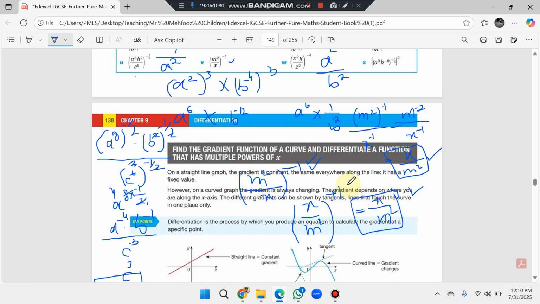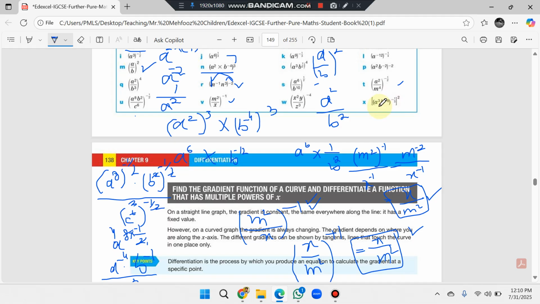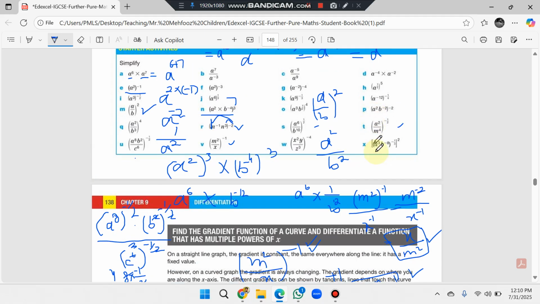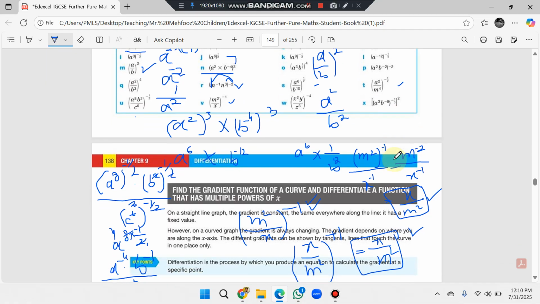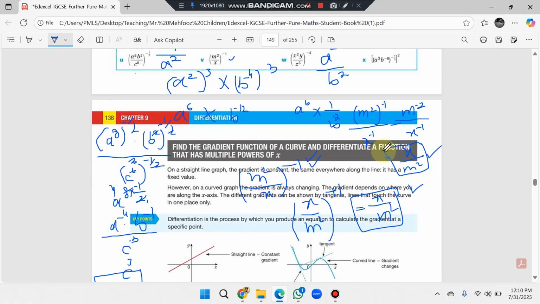Yes. Okay. In the last question, you can see that here we have three powers of the same numbers. For example, a cubed b raised to the power minus 8 whole power minus 1 over 3 and then whole power 2, right? Now we just write it as a cubed whole power minus 1 over 3 and then whole power 2, right?